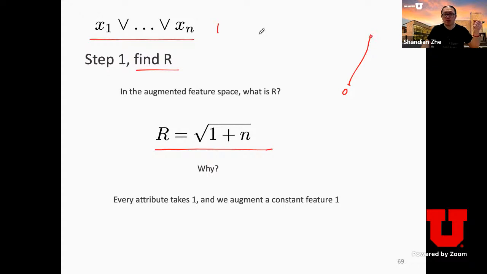The point with all x1 to xn taking value 1. And because we augment the feature space, we have an actual constant feature 1. So you can imagine the farthest point, its vector representation is 1, 1, 1, 1, 1, n+1 ones. So the distance from this all-ones n+1 dimensional vector to 0 is the square root of 1 plus n, because we have n+1 elements.